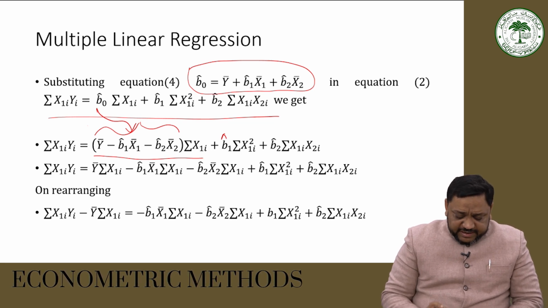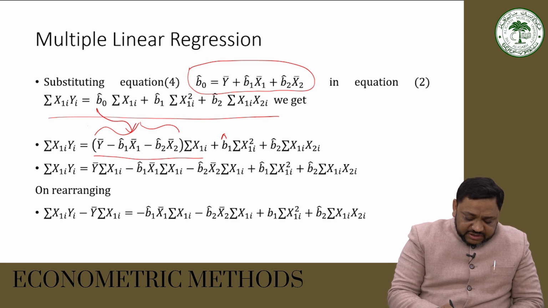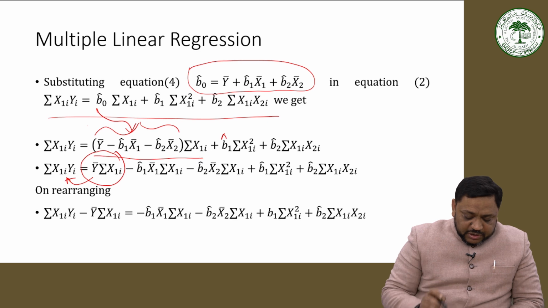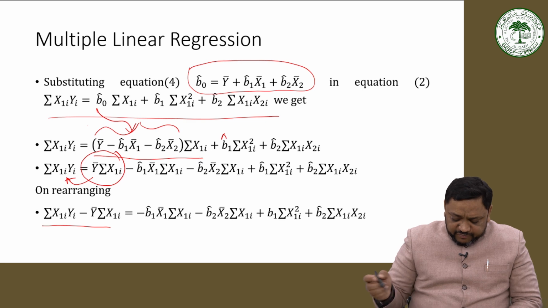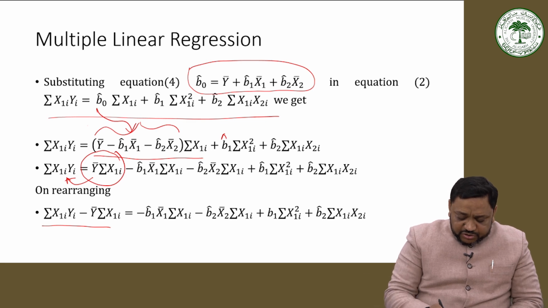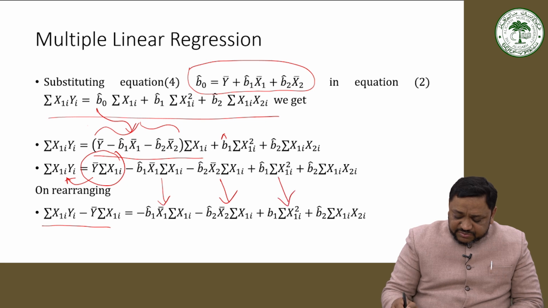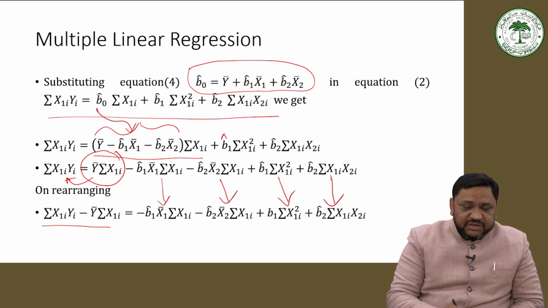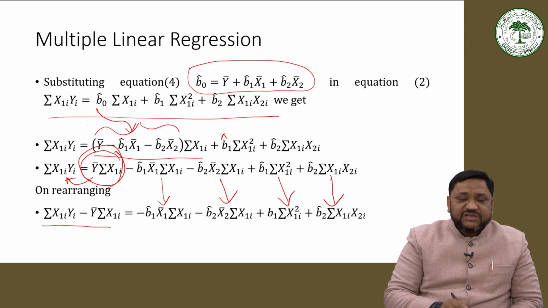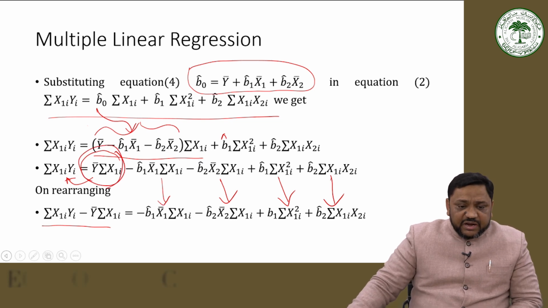Now this we rearrange, in the sense that we take this term to the left hand side. So one rearrangement has been done, that is this particular term has been moved to the left hand side. The other terms come as they are.